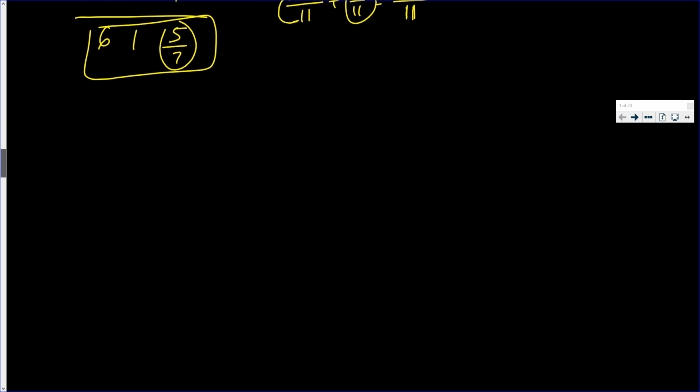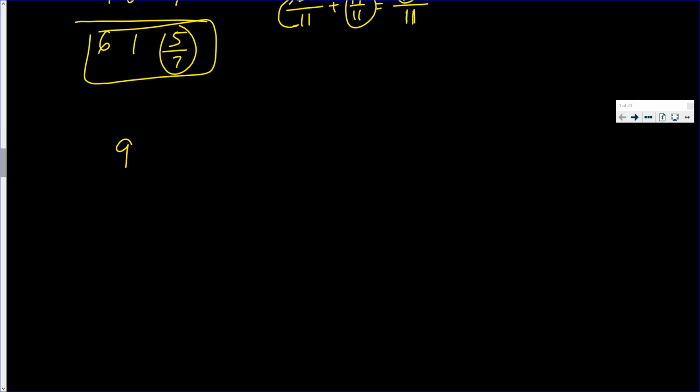Let's consider this problem. Suppose you have 98 and 4/8, and you want to take away 16 and 7 over 8. Now, you can definitely reduce the 4 over 8 to a half, but then they won't have common denominators. So definitely don't reduce it.